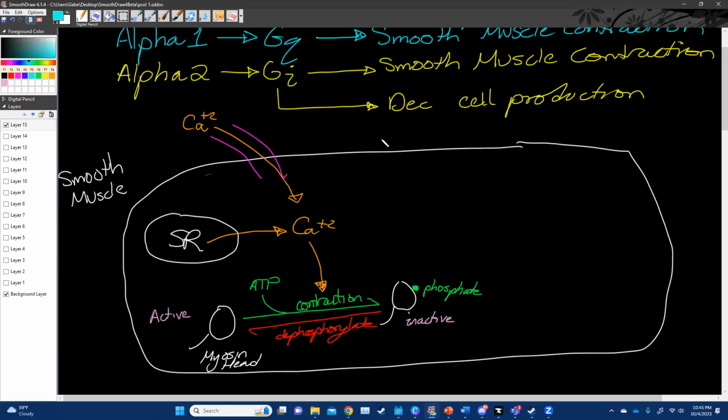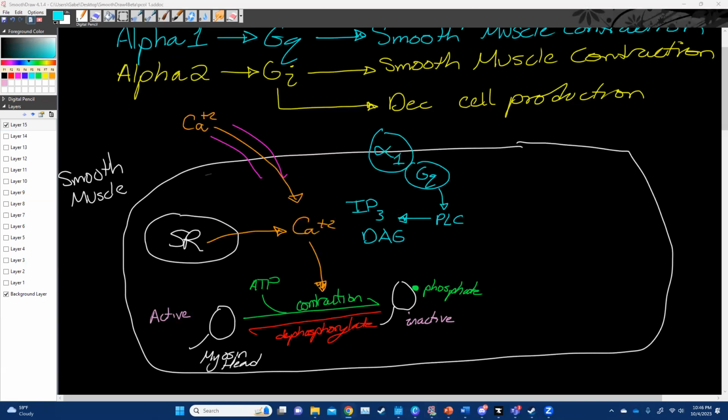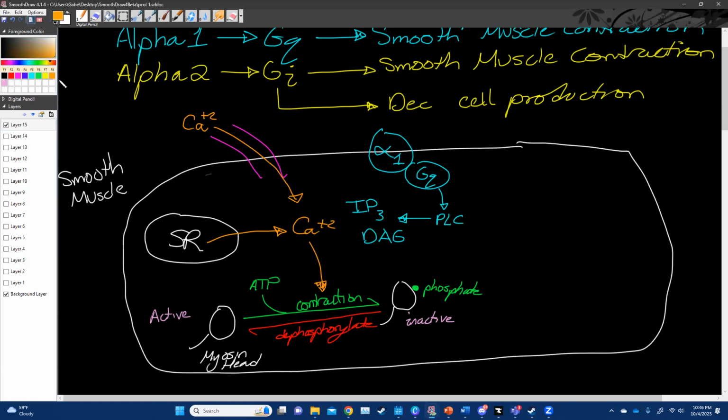So on our smooth muscle, we are able to have the alpha 1 receptor, which we just talked about is GQ coupled. And we know that this receptor is going to cause phospholipase C to convert PIP2 into IP3 and DAG. IP3 is going to enable more calcium to be released into the cytoplasm.